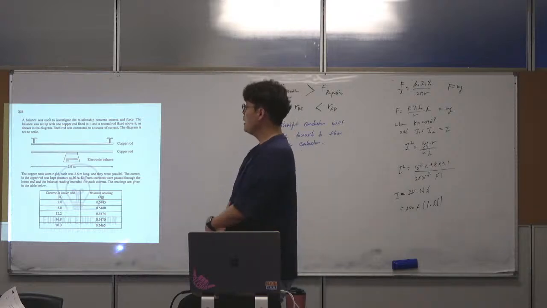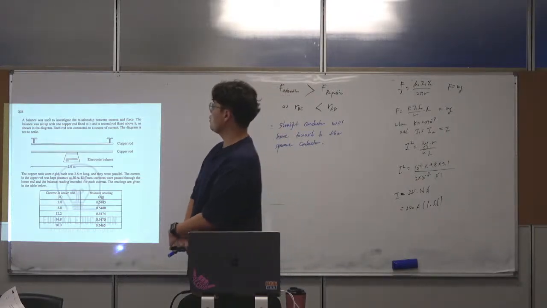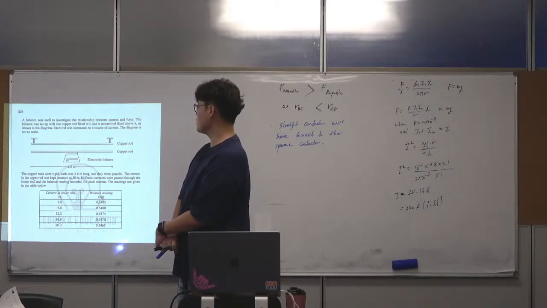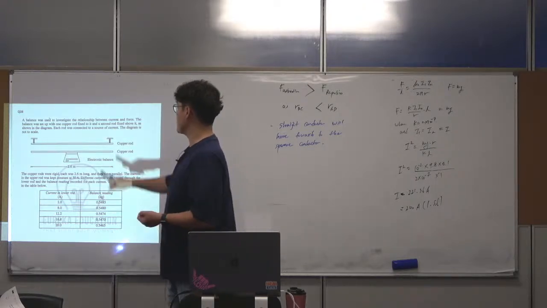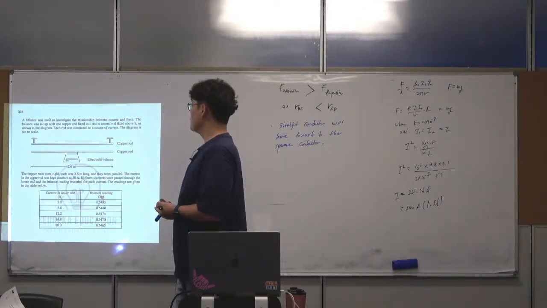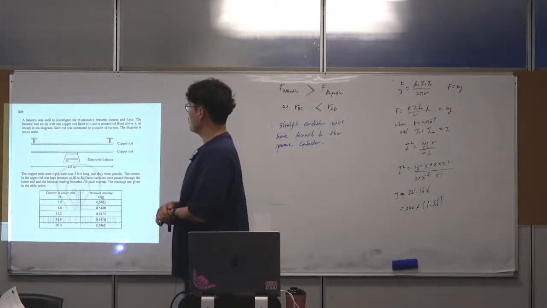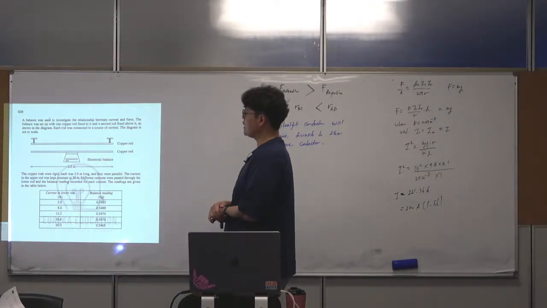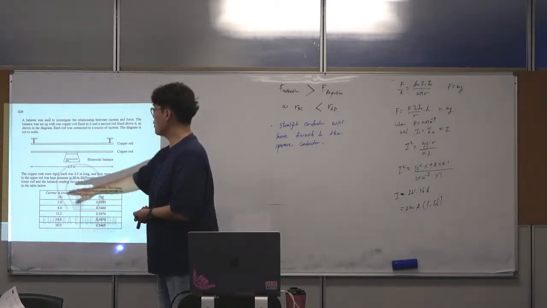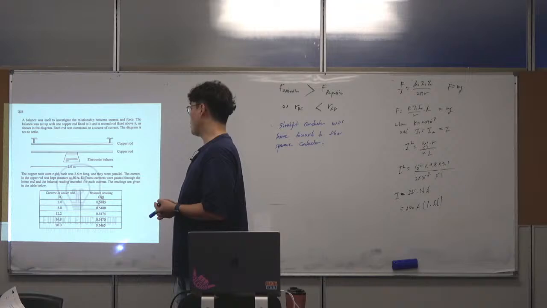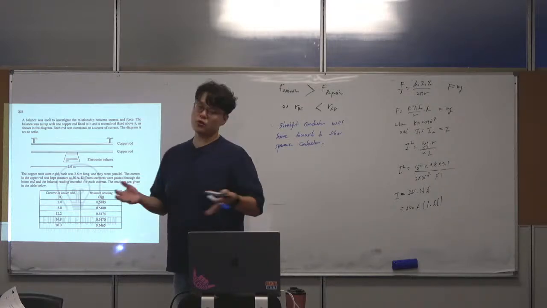A balance was used to investigate the relationship between the current and the force. The balance was set up with 1 copper rod fixed to it and the second rod fixed above it, as shown in the diagram. Each rod was connected to a source of current. The diagram is not to scale. The copper rods were rigid, 2.6 meters long, and parallel. So we're not going to use 2.6, it's too long.